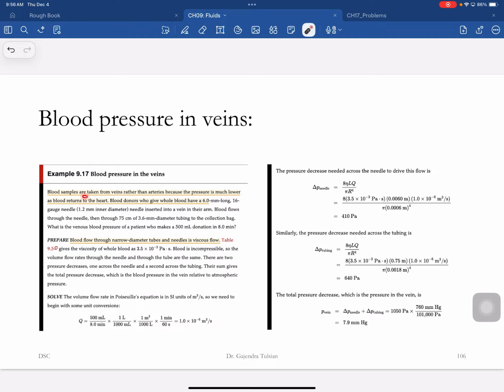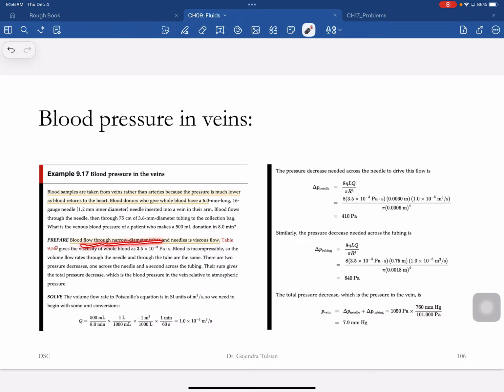Blood samples are taken from veins rather than arteries because the pressure is much lower as blood returns to the heart. Blood donors who give whole blood have a 6 millimeter long, 16 gauge needle inserted into their vein. 6 millimeters is about this, so the needle is about this long, and I guess the inner diameter is 1 millimeter.